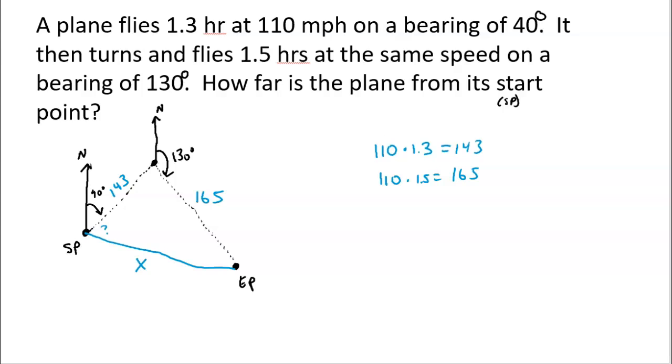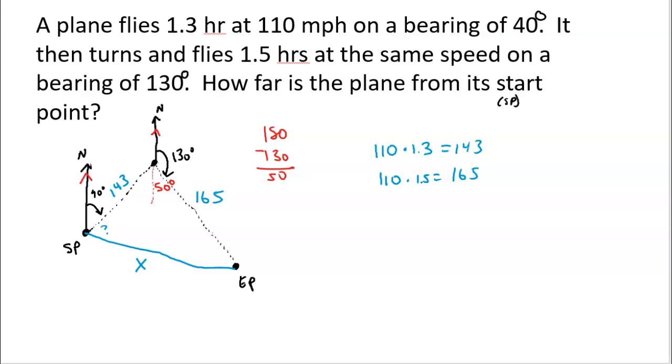Well, I know that this down here would extend through my northwest, and I know that going from a northwest line is 180. So if I take 180 and I subtract 130, I know that this part right here will be 50. Okay, so this is 50 degrees. Now, these lines are parallel to each other.